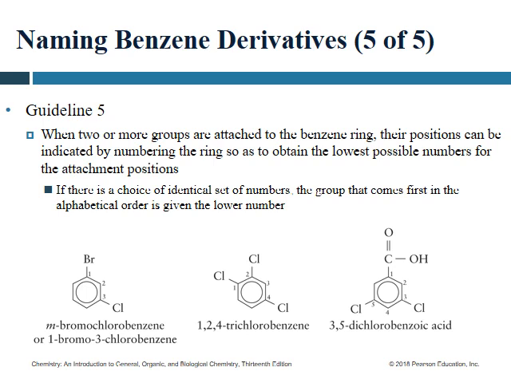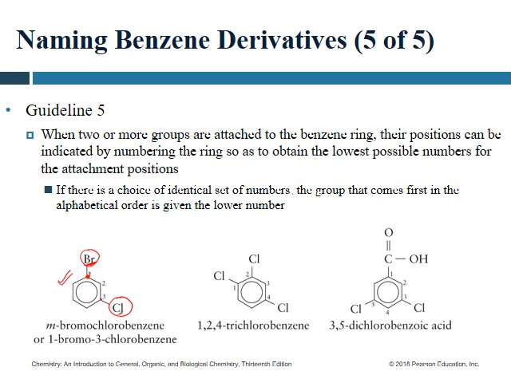So what does it mean? If you have 2 or more groups attached to the benzene ring, let's take this example, and let's say you have bromine and chlorine, then you have to specify the number on the benzene ring, which carbon on the benzene ring we can treat as carbon number 1. So why are we using this carbon that has a bromine attached to it as number 1, not the carbon that has chlorine?